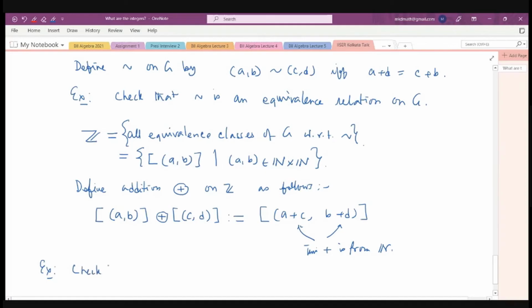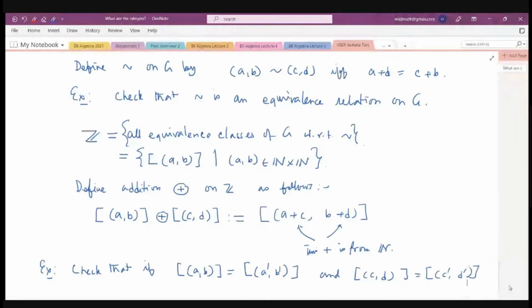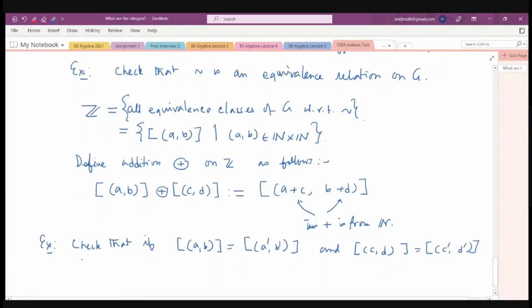Check that, this is very easy checking, that if the class of [A, B] is also represented by the class of [A prime, B prime], and the same thing for [C, D], if it is also represented by [C prime, D prime], then this result is the same as this result.